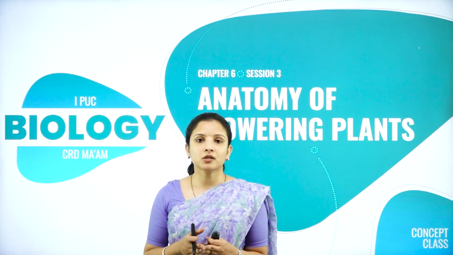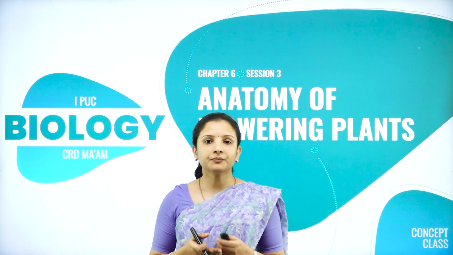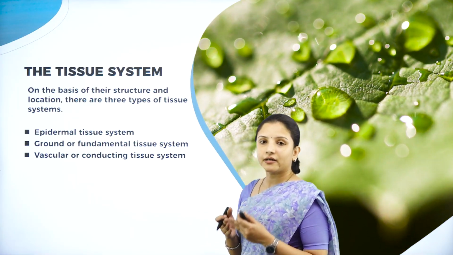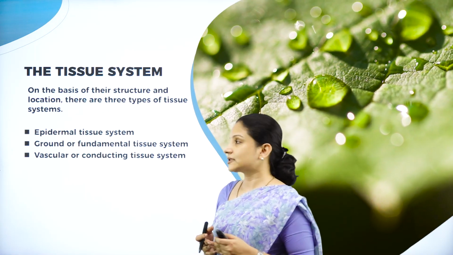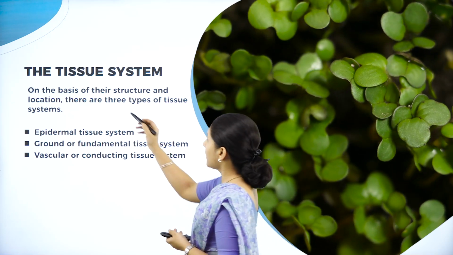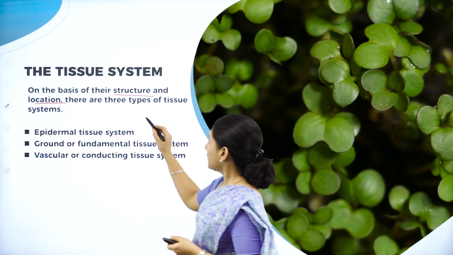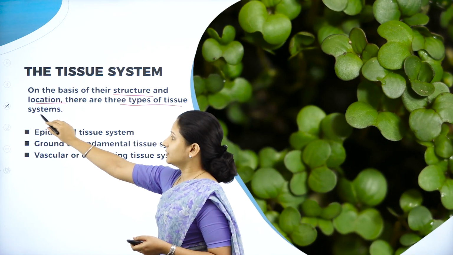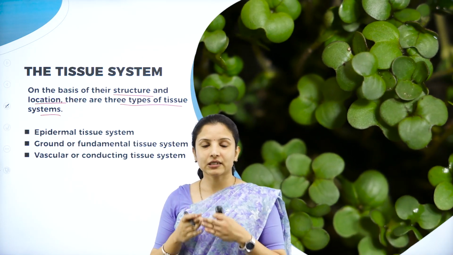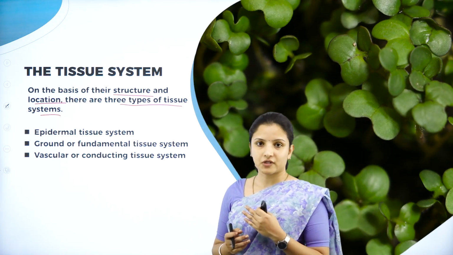So in today's session, we shall study the other details of the anatomy of the flowering plant. Today we shall enter into studying the tissue system. On the basis of their structure and their location in the plant body, that is their exact position, there are three types of tissue systems.